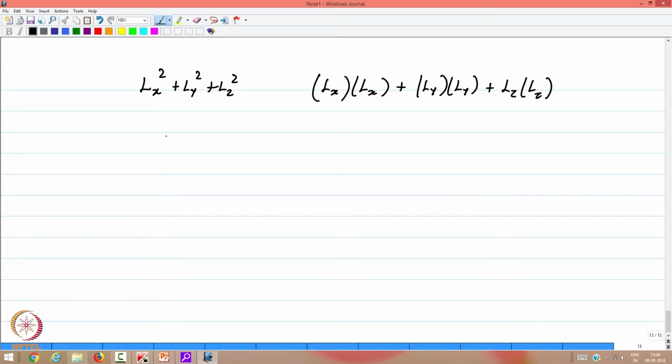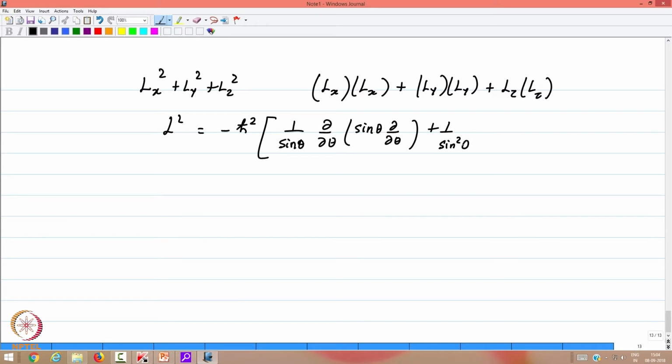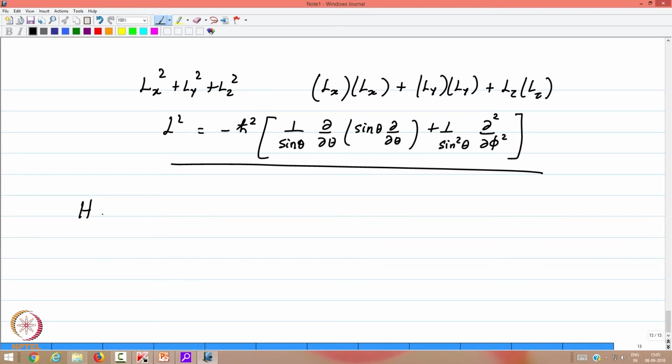And when you do that and add all these terms, which takes probably about half an hour to an hour, the answer that you get, L square, is minus h bar square into 1 by sin theta dou by dou theta times sin theta dou by dou theta plus 1 by sin square theta dou square by dou phi square. Now, this is not something new. This is exactly what you have as the angular part. Please remember the hydrogen atom Hamiltonian.